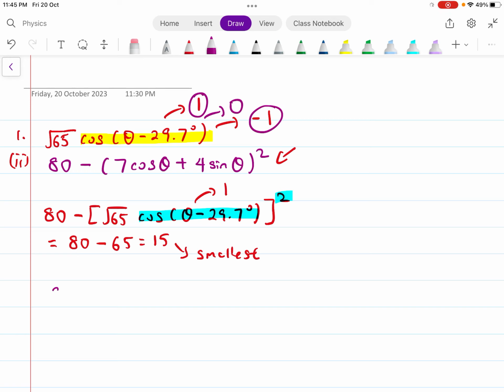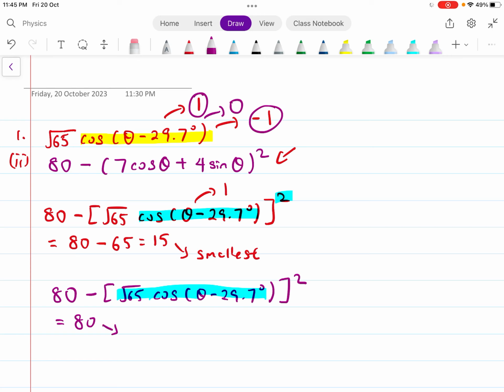So you put 80 minus square root 65 cosine theta minus 29.7 degrees, squared again. This whole thing here is 0, so you just use 80 minus 0 squared, which will still give you 80. So this will be your biggest value.